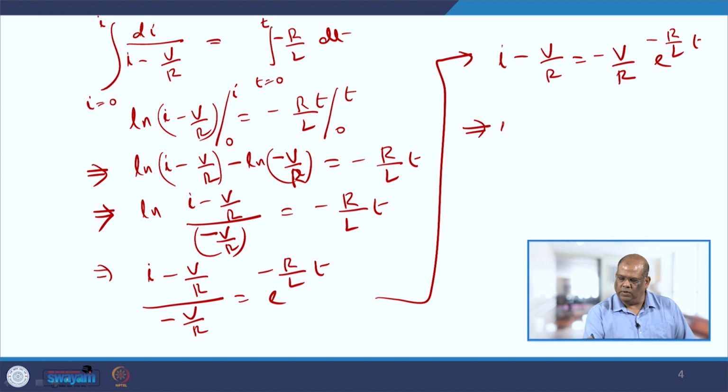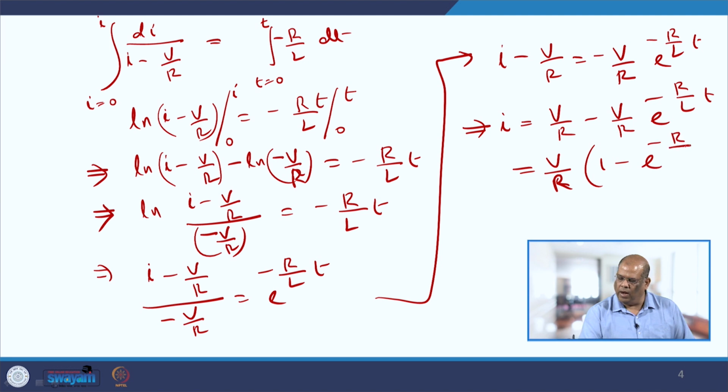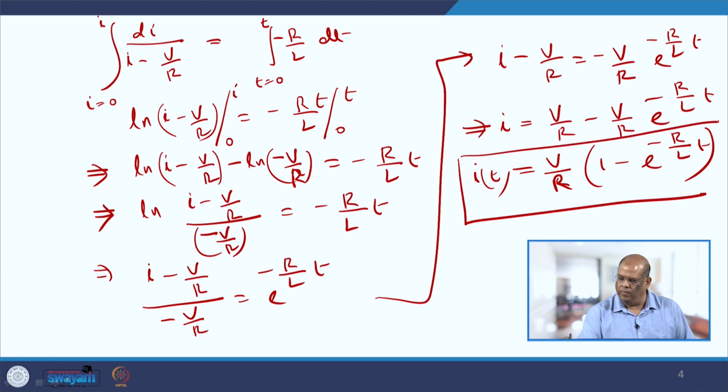And this gives I equal to V by R minus V by R e to the power minus R by L t. If you take V by R common, then 1 minus e to the power minus R by L t. This is the current at any time t.